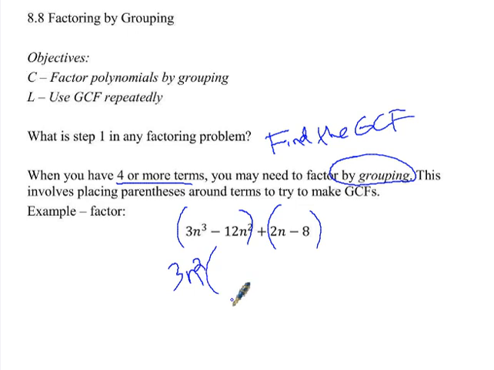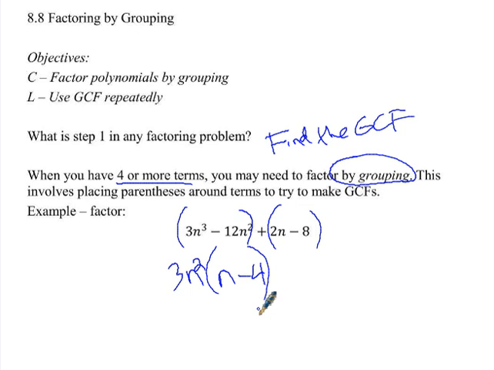Open up parentheses, what's left over? From the first one, 3n to the third divided by 3n squared is just n, or n times 3n squared is 3n to the third. And then I have what? Minus 4. Close the parentheses.